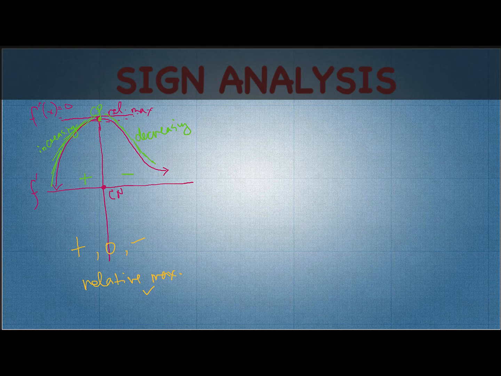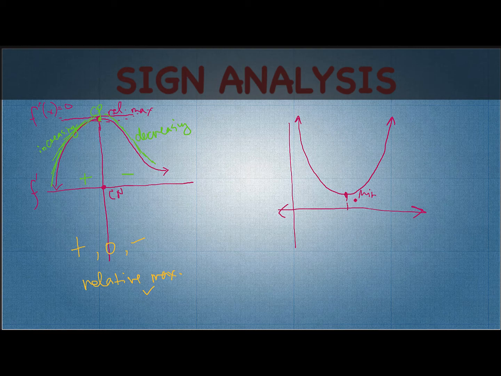Okay, the reverse of that is, what if we have a graph like this? Okay, and say for example, this is our x-axis. Of course, by inspection we can say that this part here is a minimum.